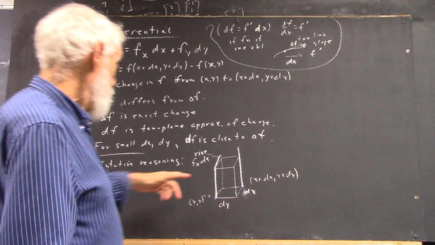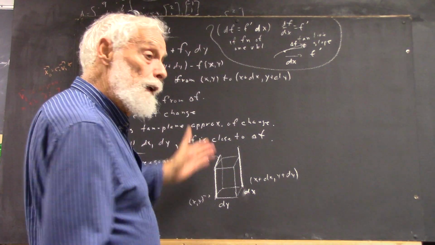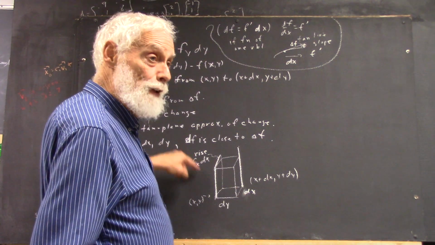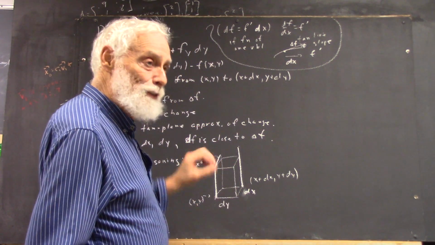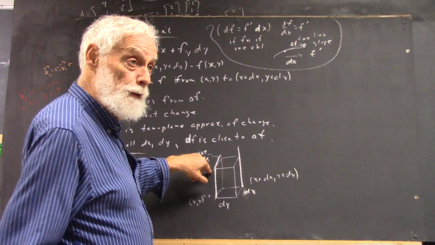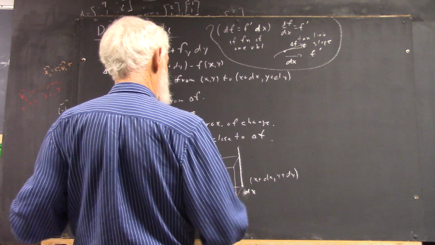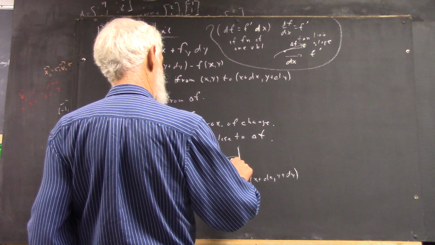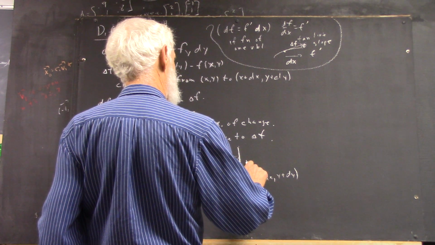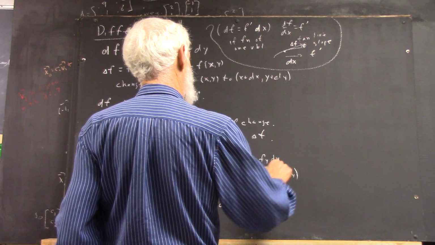I mean, fx is the rate at which the value of the function changes when you move in the x direction. Well, if you move that far in the x direction and the rate is fx, then the rise, the difference in the value of the function from here to here is going to be fx dx. And then you're going to have a rise from here to here, fy dy.